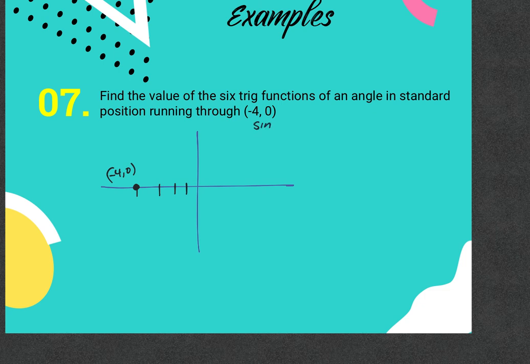I use the x and y. So the sine is the y. My sine would be 0. The cosine is the x. This time it's -4. The tangent is the y over the x. Y is 0 over -4, which is 0.